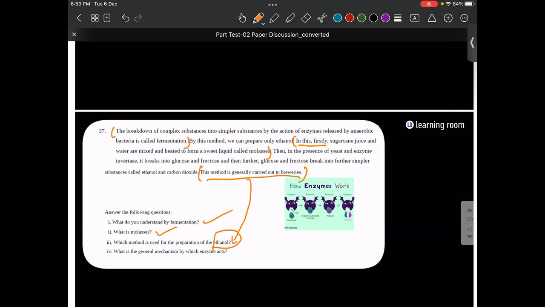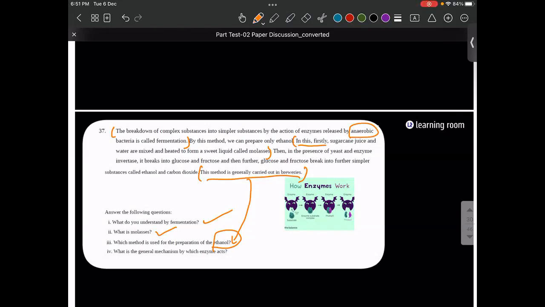What method is used for preparation? Anaerobic fermentation. That anaerobic word is very, very important, a key word. It is anaerobic fermentation. Okay, fine.